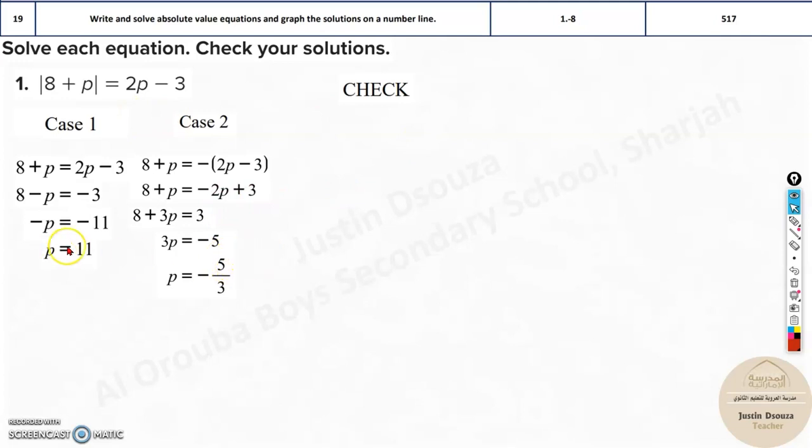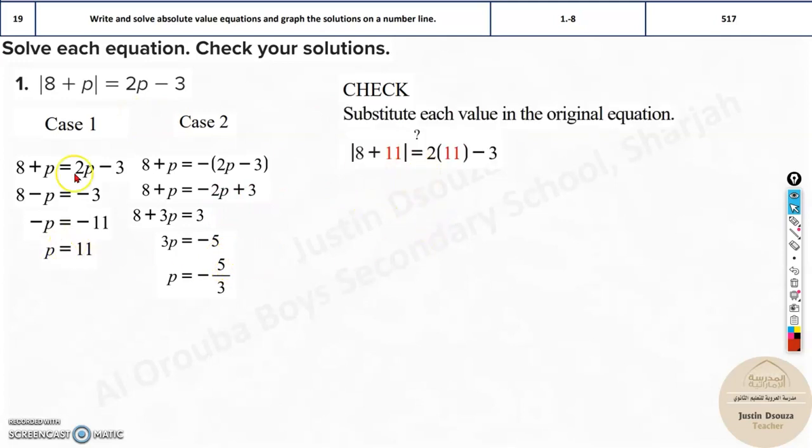How do you do the checks? Whatever answers you obtained must be put into this equation. Put over here: 8 plus 11 is 20, and then you need to put it on the right side too. Now, 11 was considered, so we put the p value over here and we solve it.